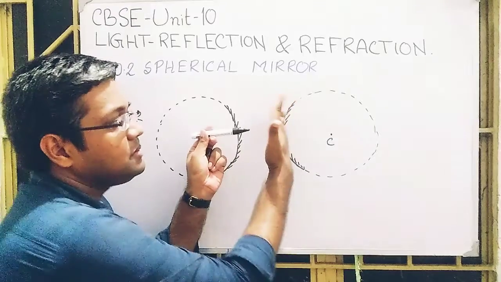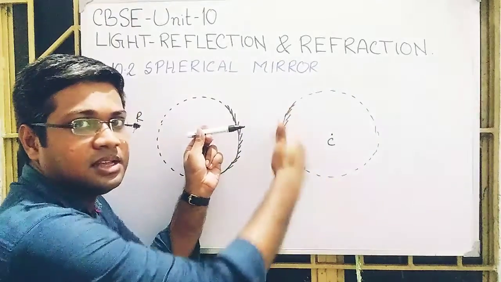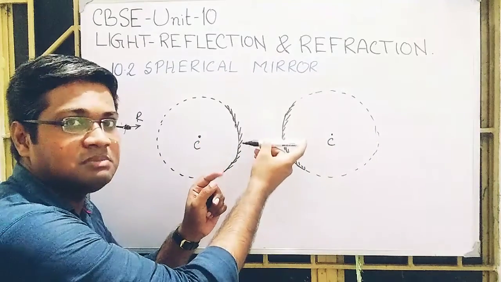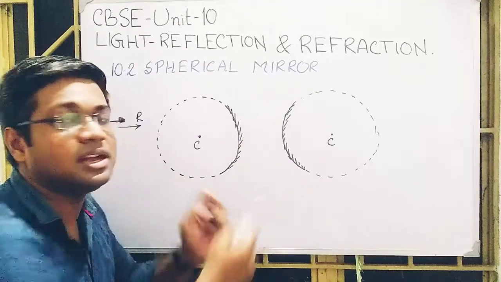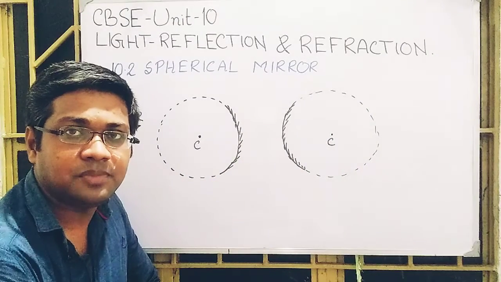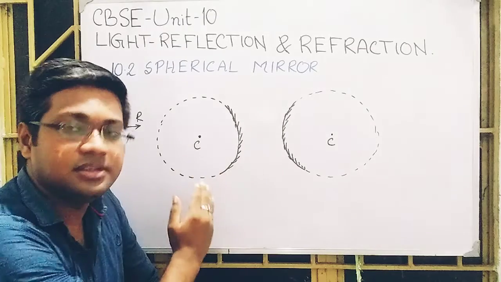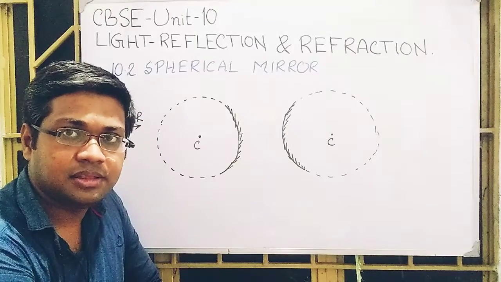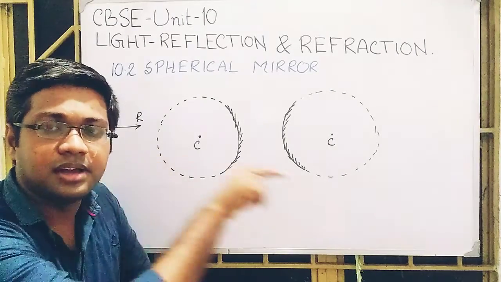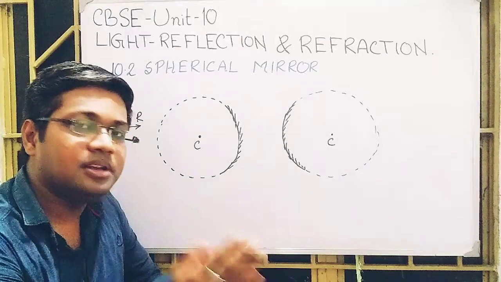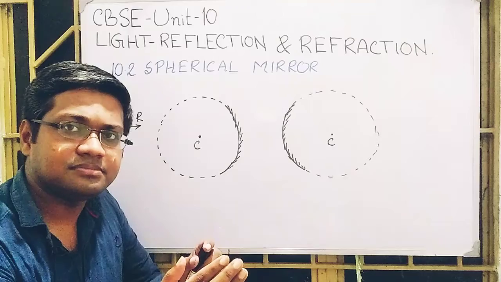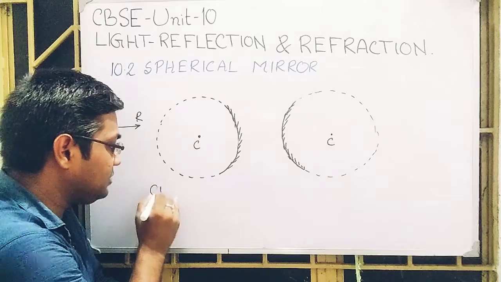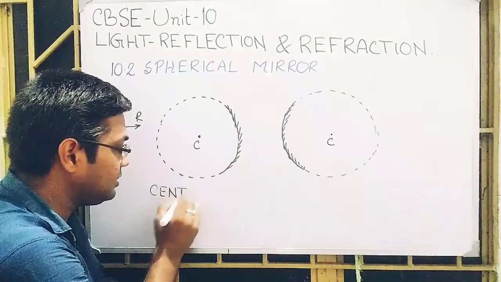Similarly, if the surface of the mirror is like this and this surface is polished, then reflection is possible. But if I send the light from this side, reflection from this mirror and this mirror is not possible. So I have drawn these two figures keeping one thing in mind, following the convention that the light ray is moving from left to right, and we are drawing all of the diagrams this way. One term that I want to say here is the center of curvature.